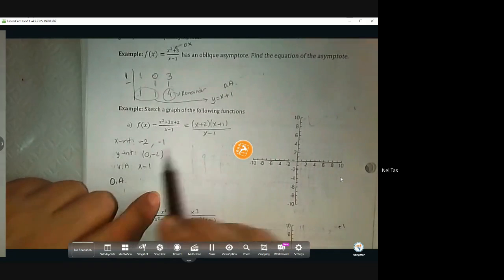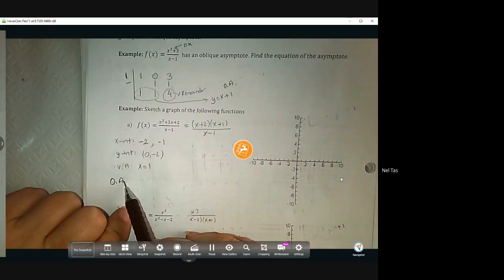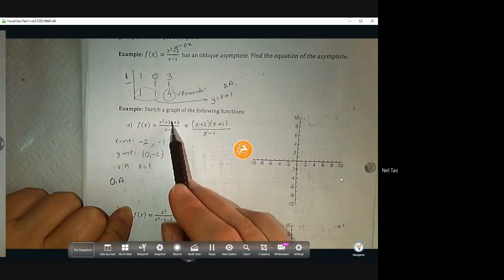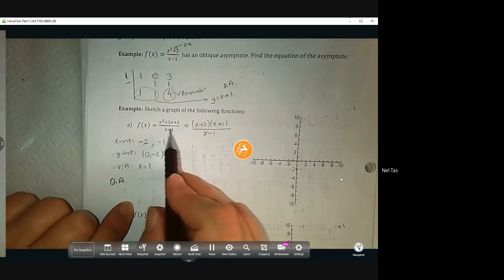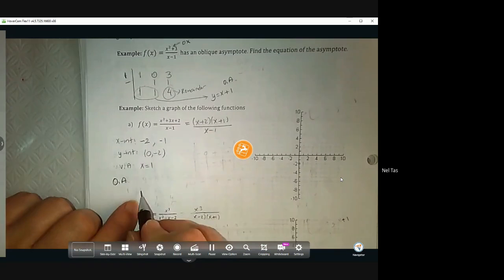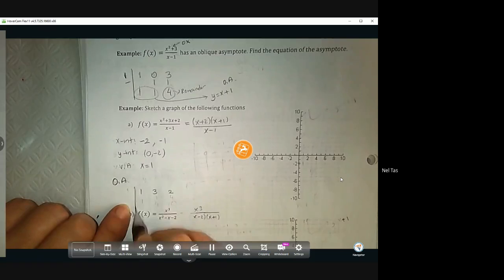Now we are going to find the oblique asymptote. We are going to divide the numerator by the denominator. Again, the denominator is degree 1, so we can use synthetic division. 1, 3, 2. On the left, we have 1.